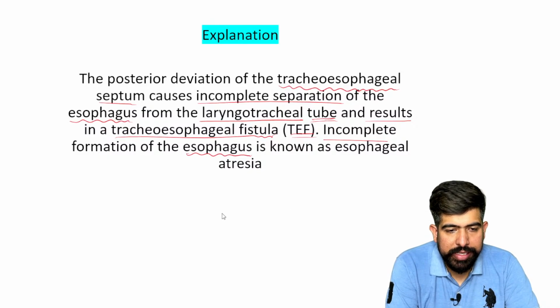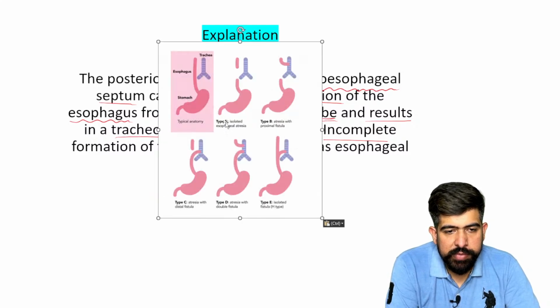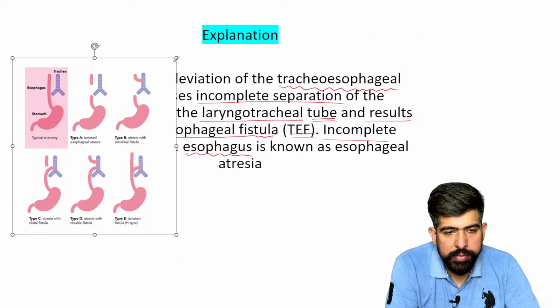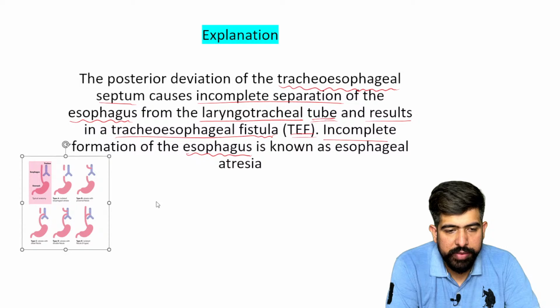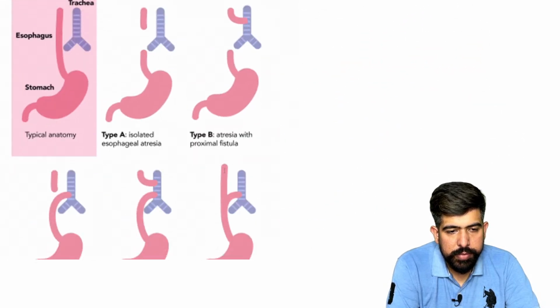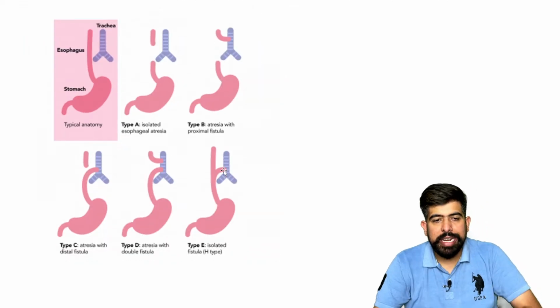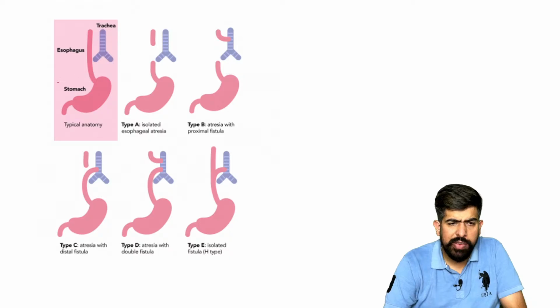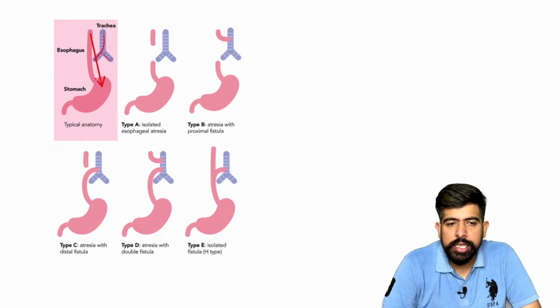Now you can see over here, I'm zooming in on this image. This is the normal anatomy: the esophagus is passing like this and the trachea is passing like this.